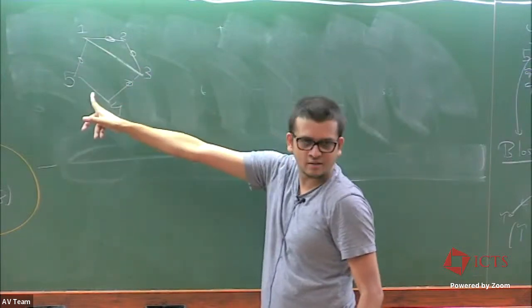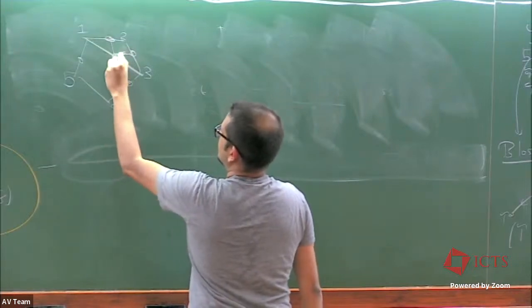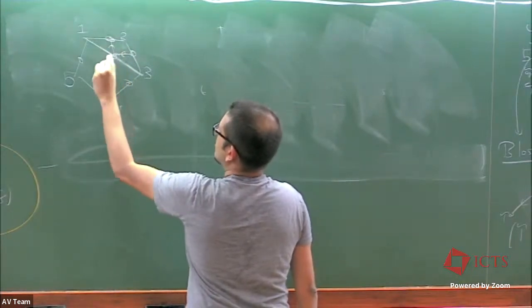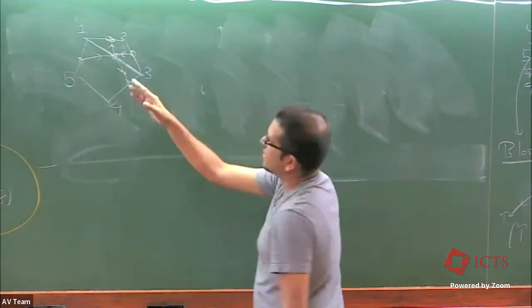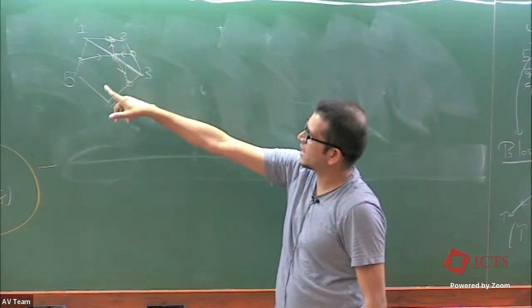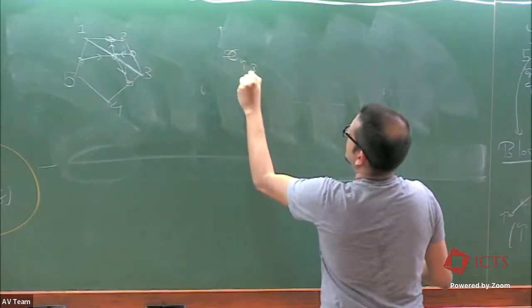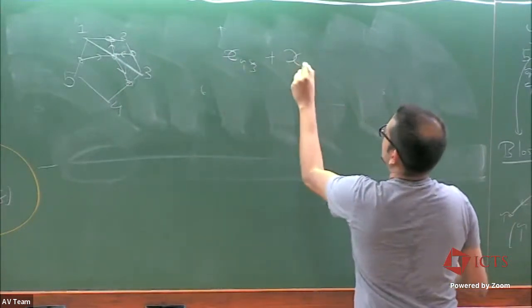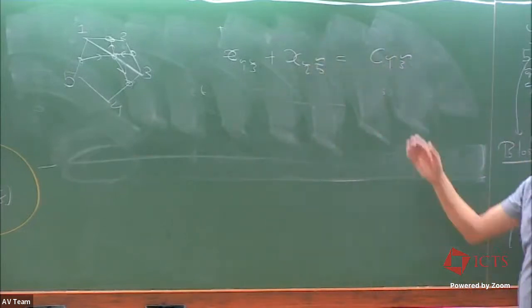So that's why this one I leave out. Now you see that there is only one equation, because the quiver is just one point, and that equation is easy to write down. It's x1 tilde 3 tilde plus x2 tilde 5 tilde is a positive constant.